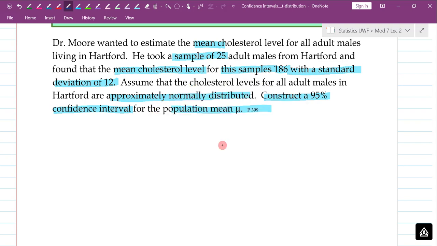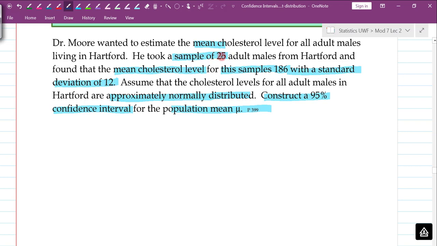Okay, so as we read this one, it says, he took a sample of 25 adult males from Hartford and found that the mean cholesterol level for the sample was 186 with a standard deviation of 12. So both the mean and the standard deviation came from this sample right up here, okay?